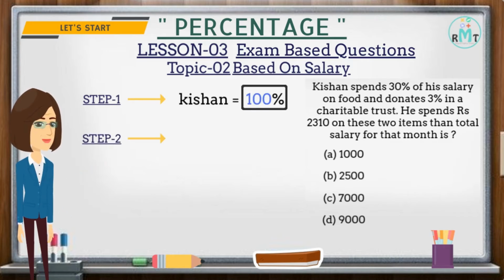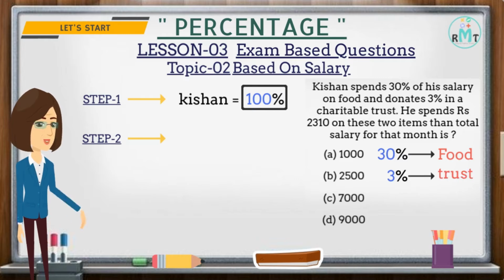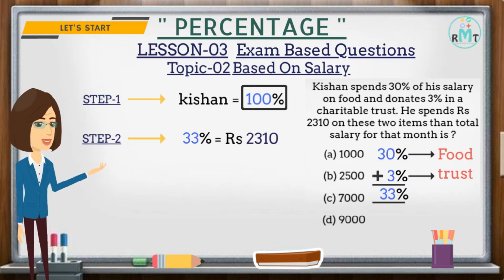Step 2. Now according to the question, Kishan spends 30% of his salary on food and donates 3% to a trust. So we can say that he is spending 33% of his salary, which is equal to Rs 2310.